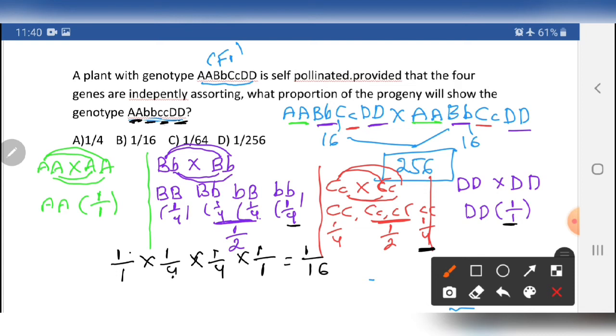When we want a percentage, 1 by 16 simplifies to 0.0625. When we want any percentage, we can find about 6.2 percent. So our answer is not a percent, our answer will be 1 by 16. B is the answer. Right, we will go for the next question.